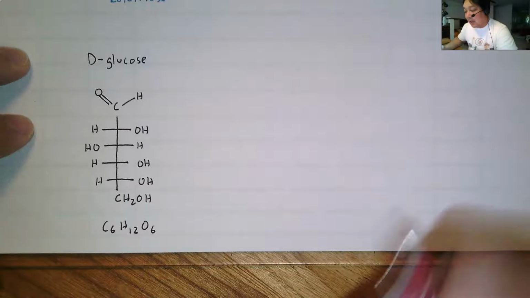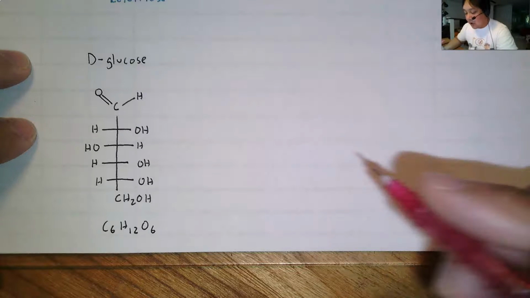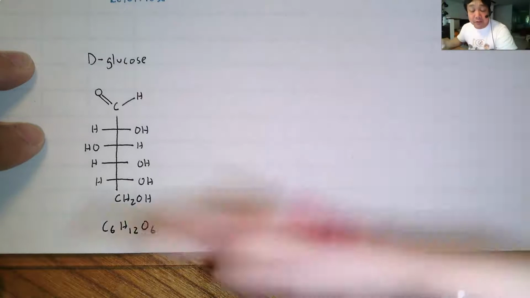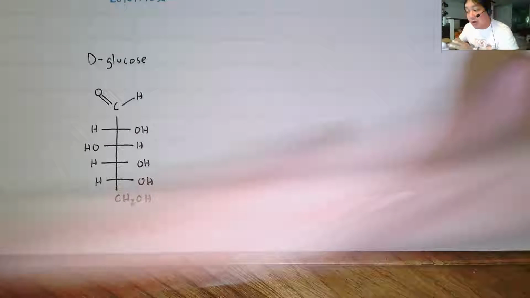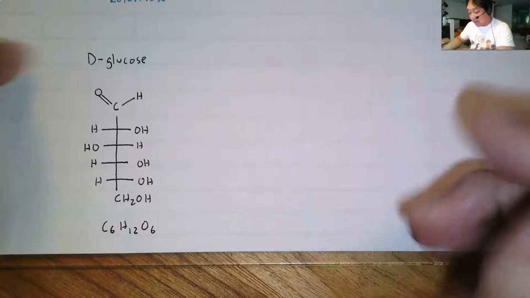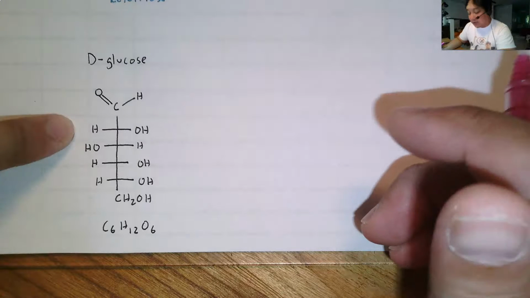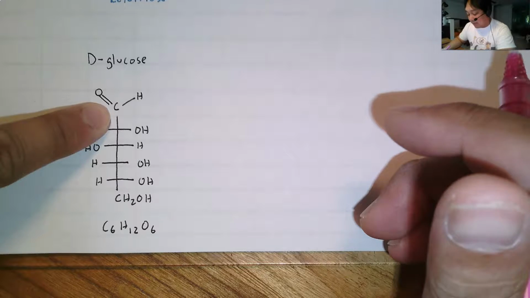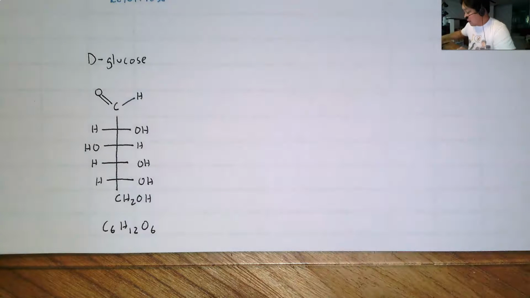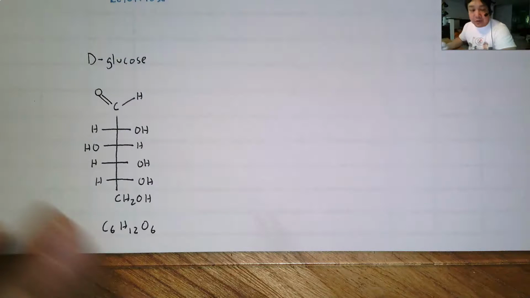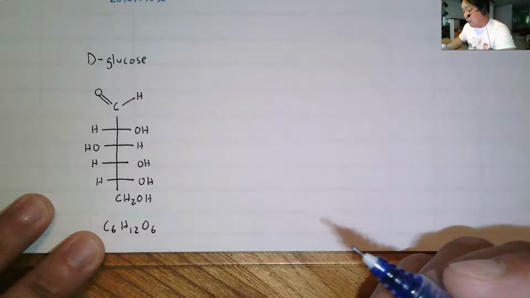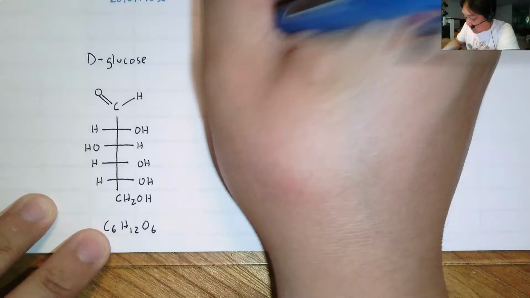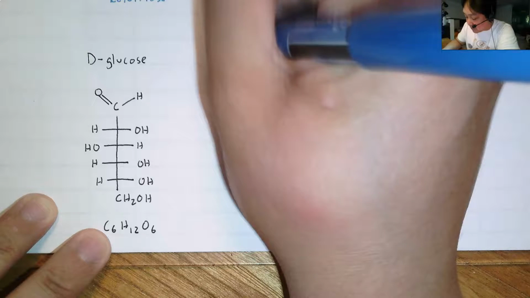Why did I say that carbohydrates is a good biomolecule to start with after we've talked about alcohols and aldehydes and ketones? Because look at D-glucose. You have a carbonyl group and you have a bunch of hydroxyl groups. The reactions that you want to know for carbohydrates are the hemiacetal and acetal formation.